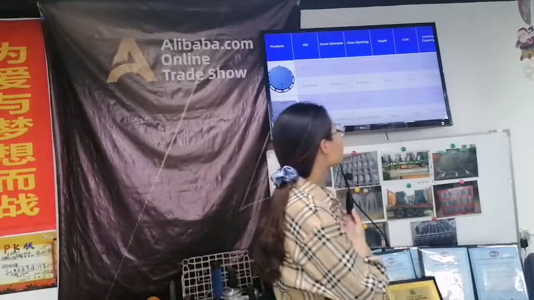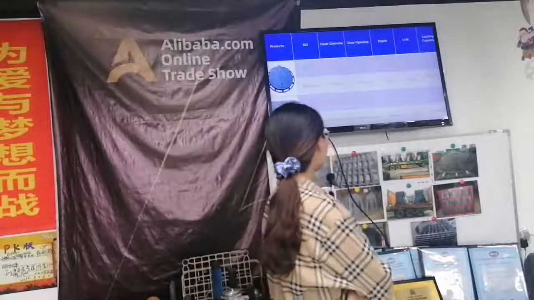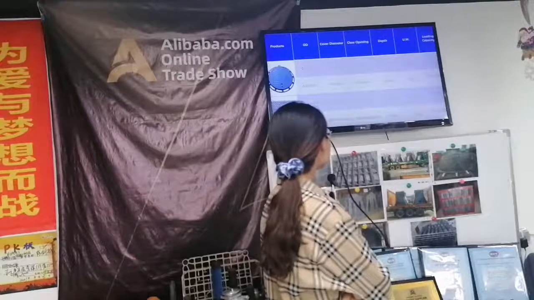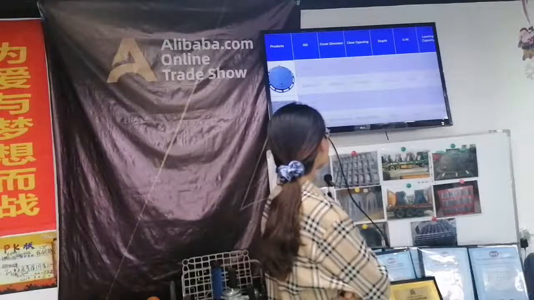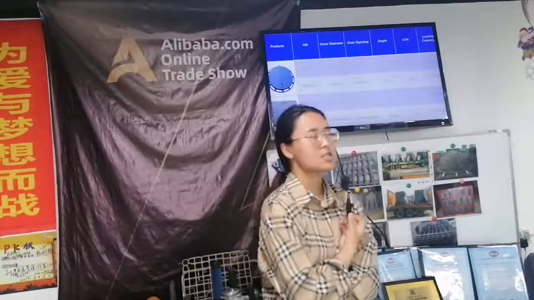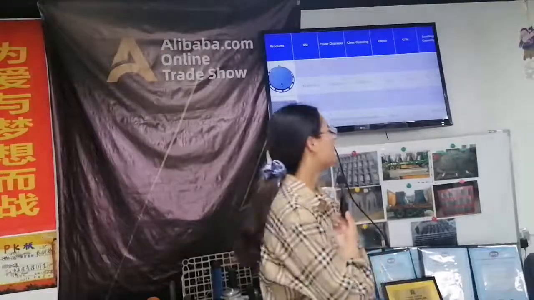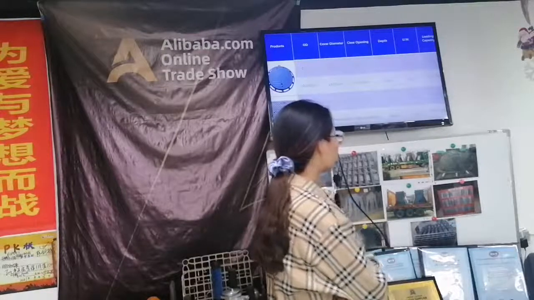The unit weight is about 9 kg. Another one. For this one, the length and width are 400 mm. The depth is 35 mm. The unit weight is 15 kg.